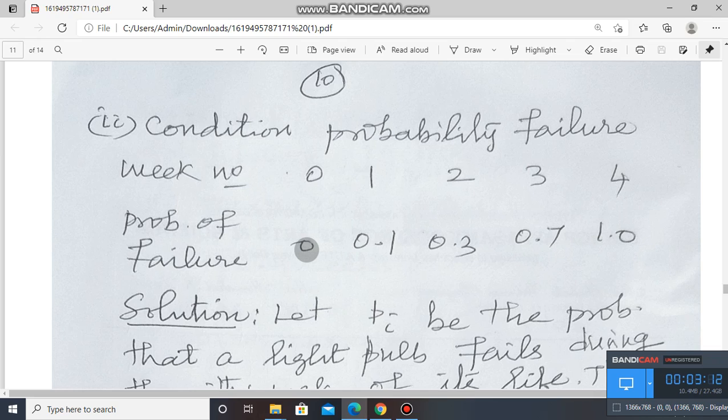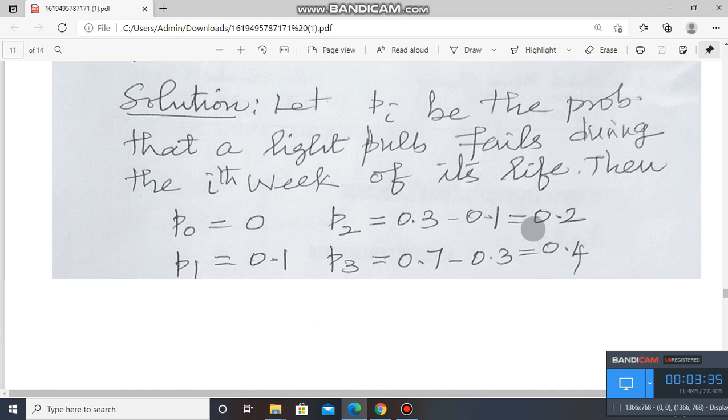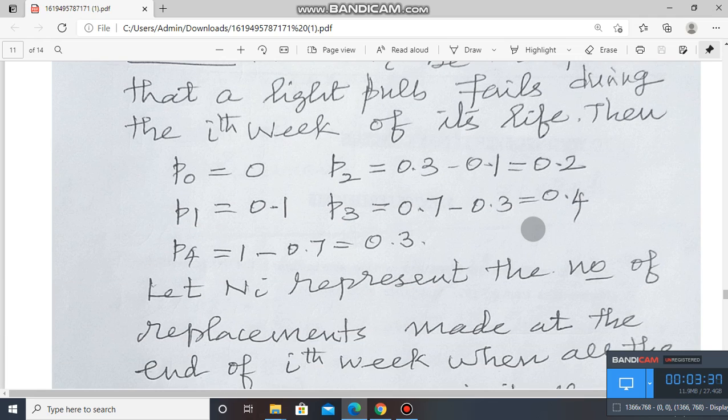If you subtract this from this, we can get the individual probability. If you subtract this probability of failure from this, then we get the individual probability for this. If you subtract this from this, we will get the individual probability for the failure. So that's the way we are calculating. That is the step given here.